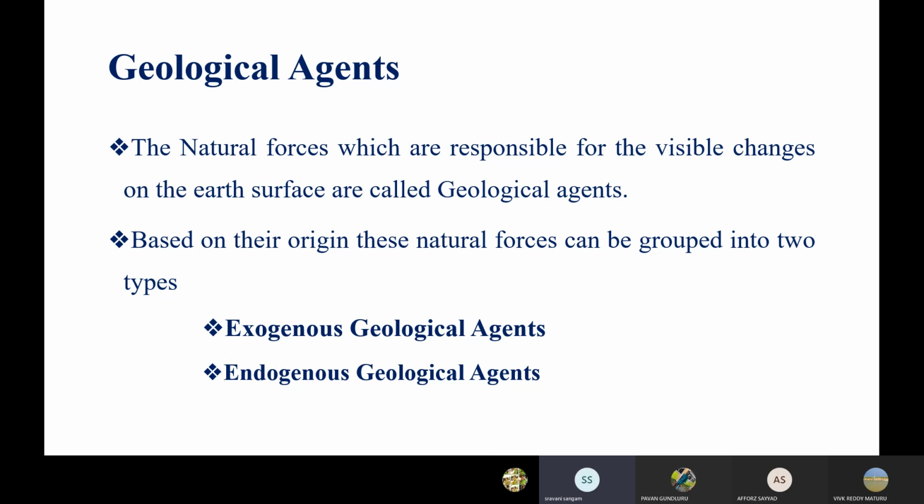Whenever a 2 marks question asks what is meant by geological agents, simply write: the natural forces which are responsible for the visible changes on earth surface are called geological agents. Based on origin, the natural forces may be divided into two types. First one is exogenous geological agents and second one is endogenous geological agents.